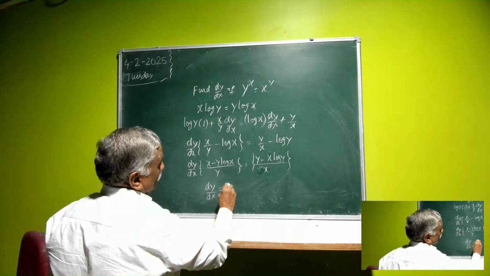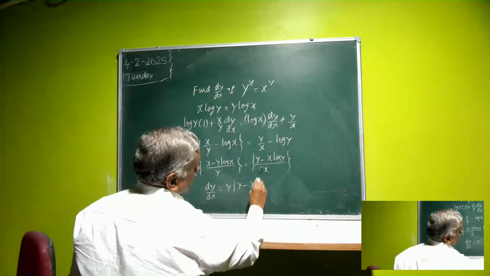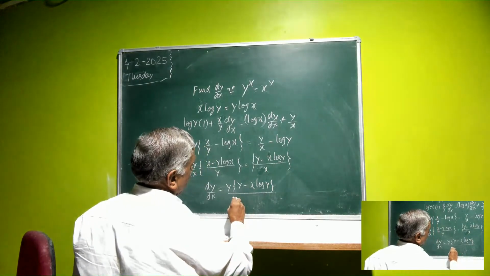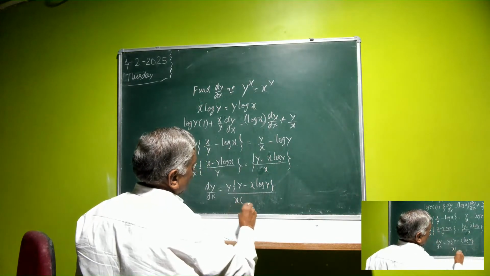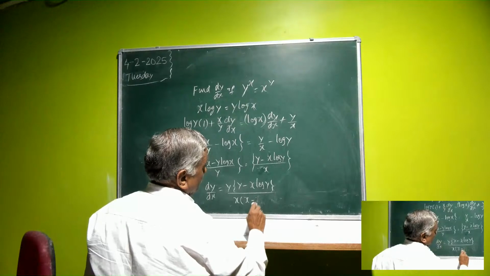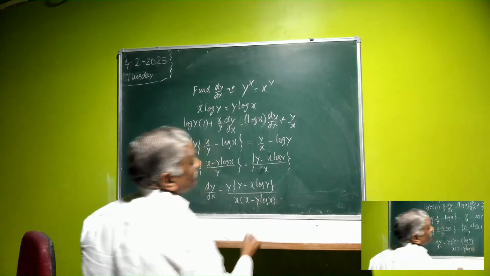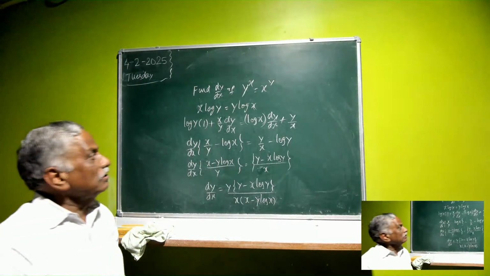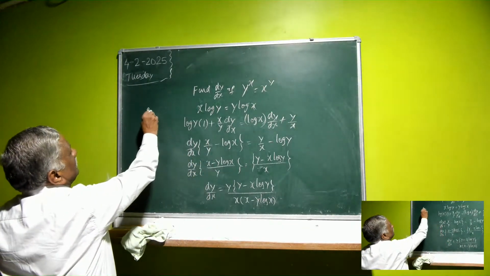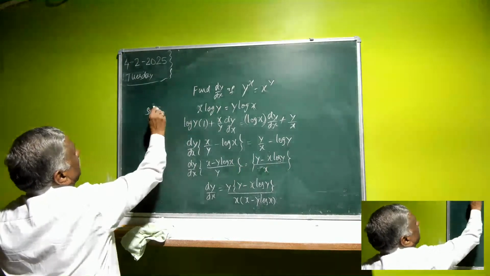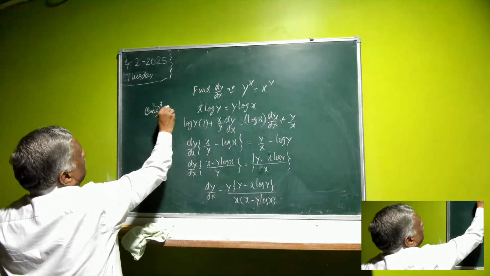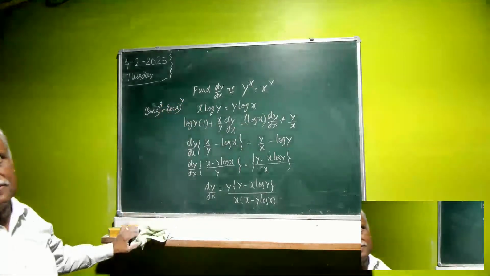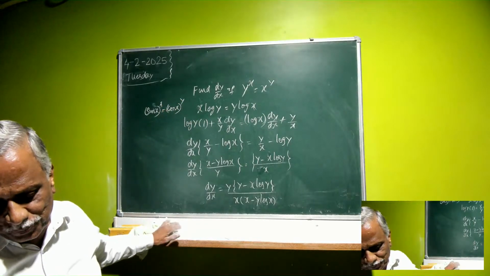Dy by dx is equal to y into y minus x log y divided by x into x minus y log x. So instead of a problem like this, I can also give you a problem: sin x to the power of x is equal to cos x to the power of y. Something like this. Same procedure you can follow.